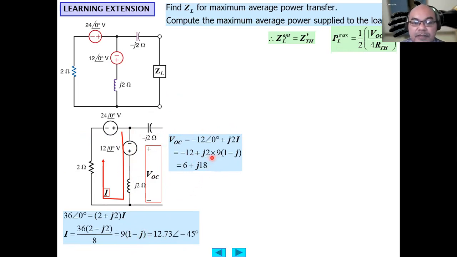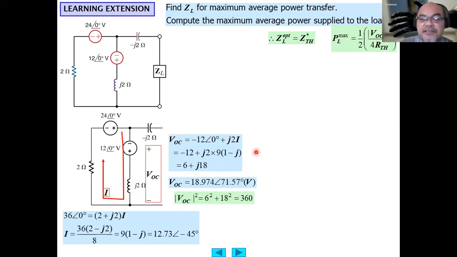So we obtain minus 12 plus 9, which equals minus 3, and then the imaginary part is j2 minus 9j. j2 times 9 equals j18. So in phasor format, this is equal to 18.974 volt with a phase angle of 71.57 degrees.